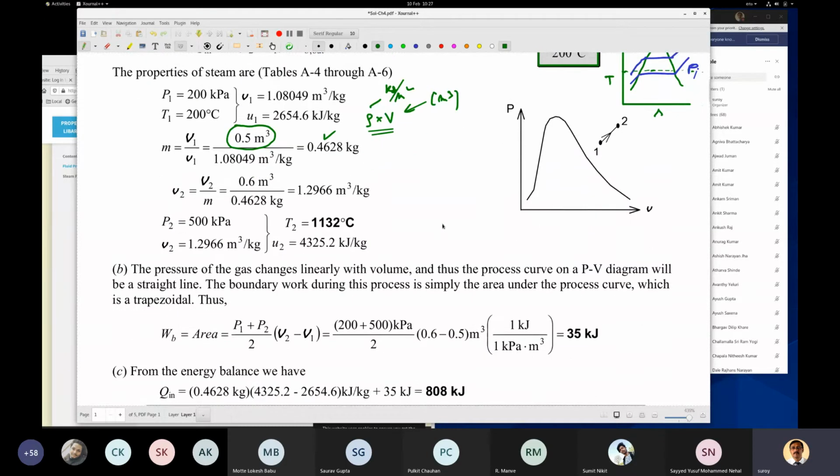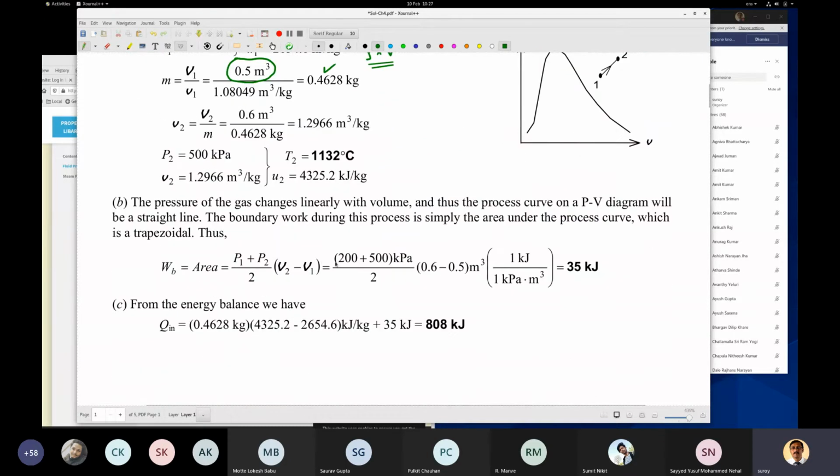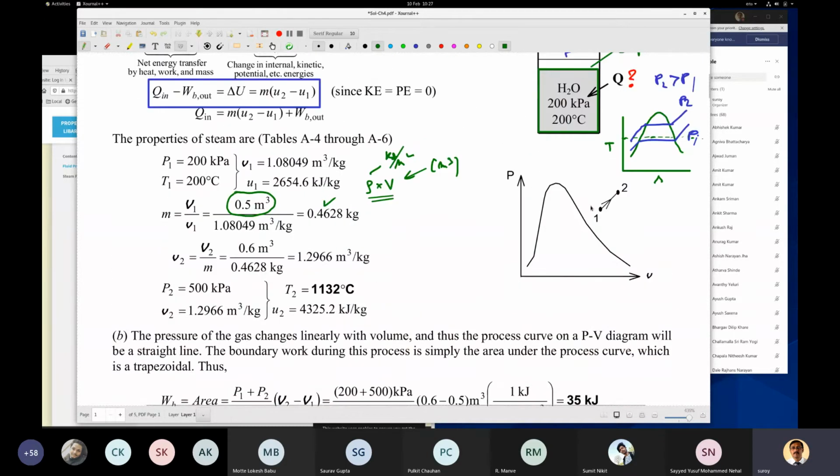So you're adding heat. So what will happen? At state 2 we also have to know the specific volume. Mass is already known, specific volume is also known. What is specific volume? Specific volume is meter cube per kg, that means 1 by rho.